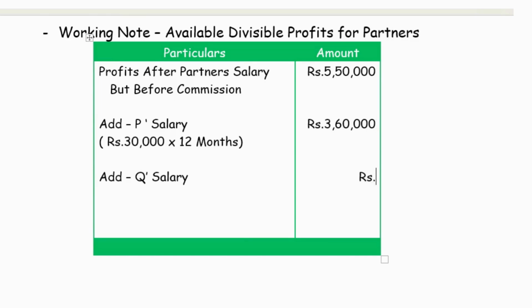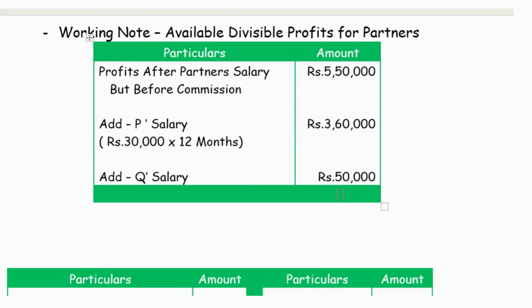It is given as rupees 50,000. After deducting these two salaries only, they have given the profits. So in order to get the available divisible profits, we add this and arrive at 9,60,000. This is the available divisible profits for the partners.